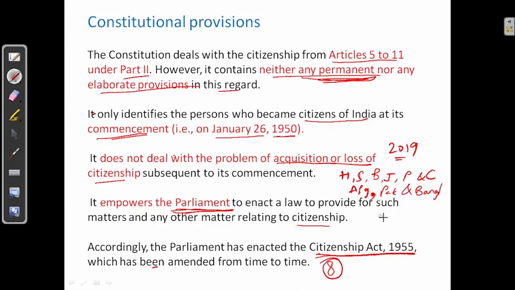So it didn't mention anything about Muslims. This was the recent amendment done to the Citizenship Act of 1955 in 2019.